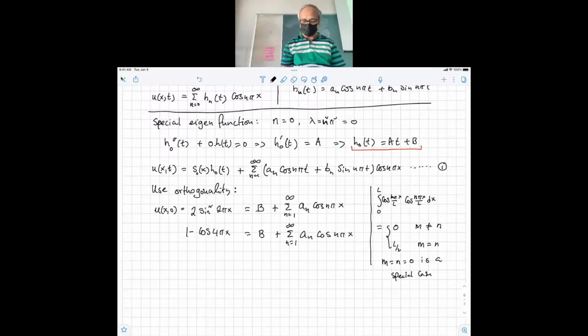Okay, so if I multiply this equation by cos 0 n t and integrate it, then because of the orthogonality, this term is 0, because this m is 4 and n is 0, this term will be 0.